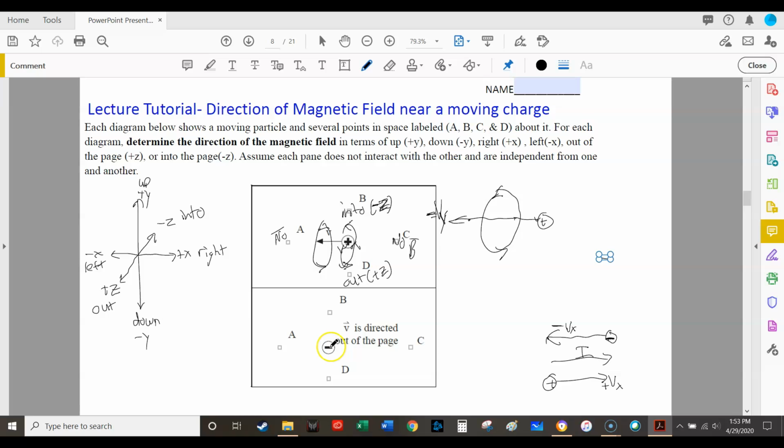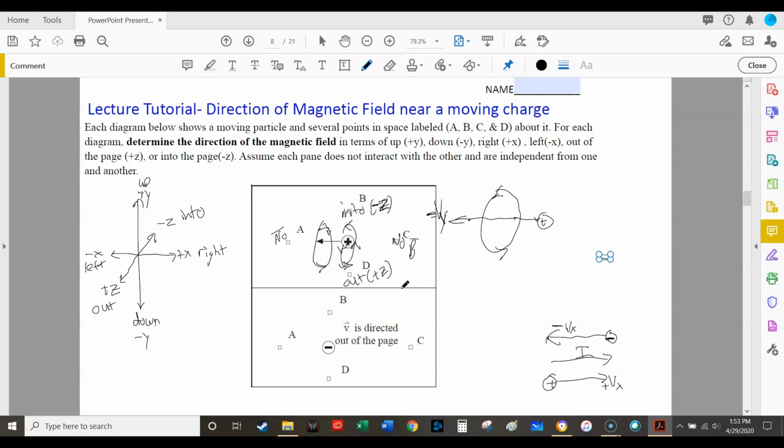So the right-hand rule means your thumb has to point in the direction of the current or a positive particle. So whatever that velocity is given, you have to do the opposite. So what I am going to do here is I'm going to point my thumb into the page, because that's the direction of the positive particle or the current, and then answer the question like that.